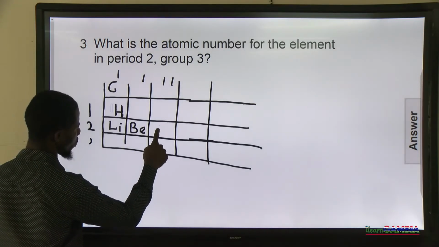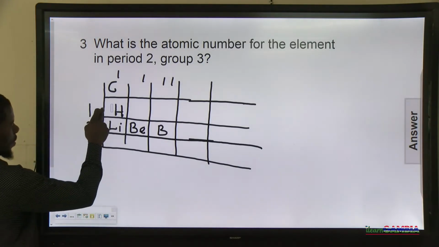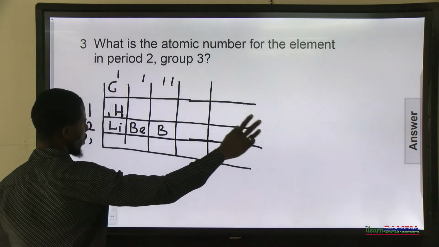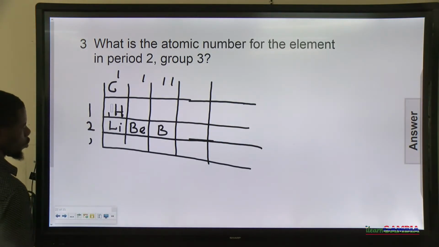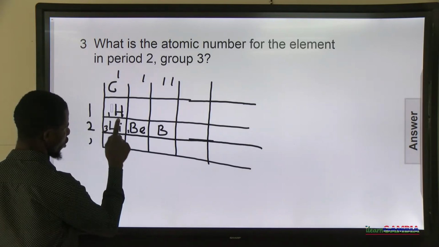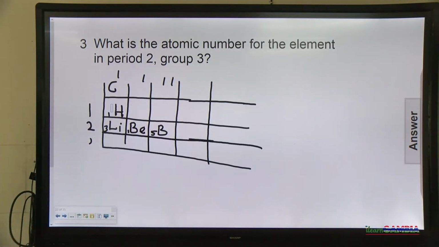Then we'll have boron here. So hydrogen has atomic number 1, then helium at the other end will have atomic number 2. Lithium here will have atomic number 3, beryllium will have 4, and boron will have 5.